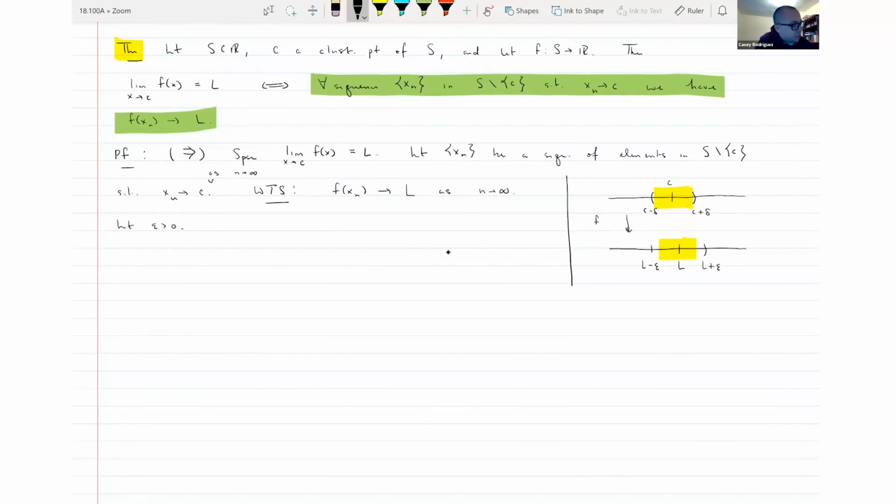So I should choose the natural number capital M so that all of the x_n's lie in the interval c minus delta, c plus delta. I can arrange that because the x_n's converge to c, and then these get mapped into the interval L minus epsilon, L plus epsilon. That's the whole idea of the proof. Now we just need to write it down.